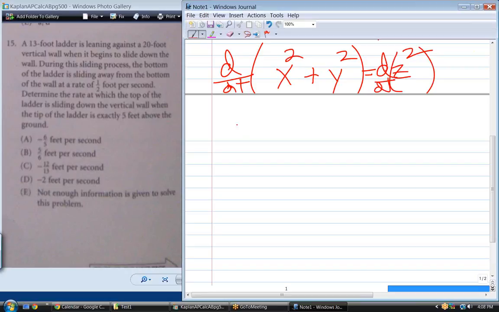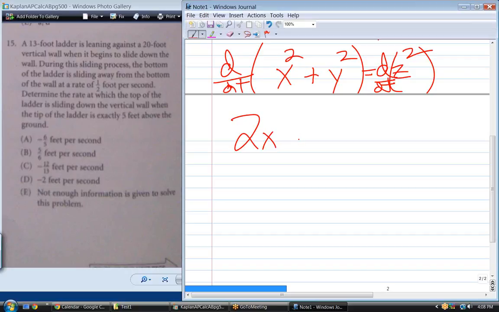What does the left side become? 2x what? dx/dt. In other words, the rule when you're doing implicit differentiation is if you encounter any variable that is not this variable, you have to follow it with a d of that variable relative to t.